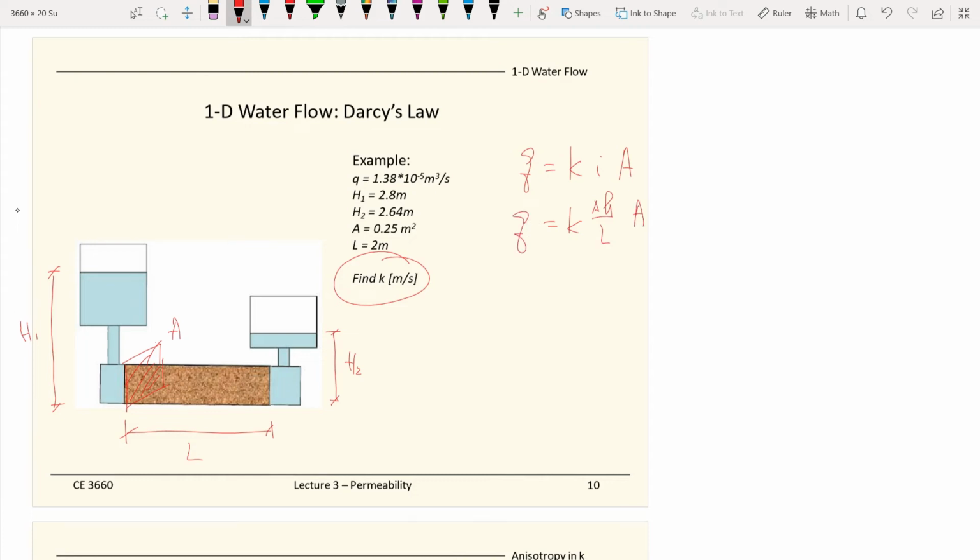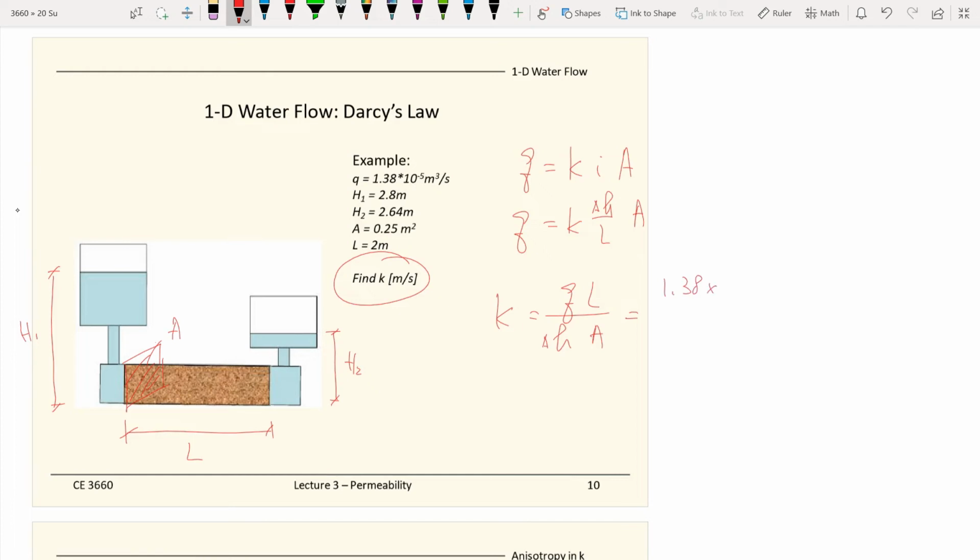And we want to find K, so we can reorganize the equation. So the area is capital A. Then we can plug in the information.